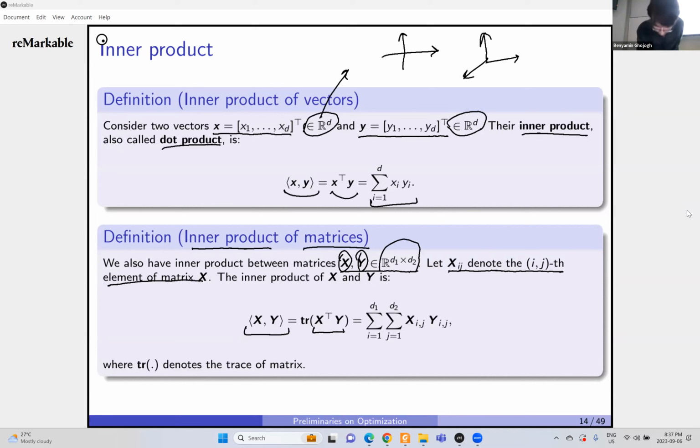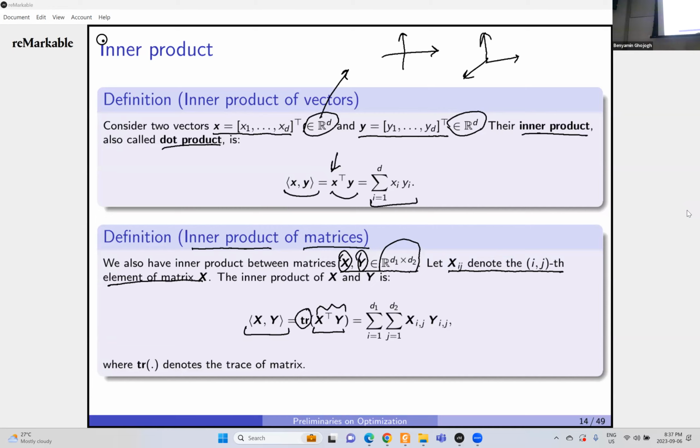This is trace. Why do I use trace? I want you to understand the philosophy of everything. Why do I use trace of X transpose Y? However, I didn't have any trace for vectors. Because what is X transpose Y here? It's a matrix.